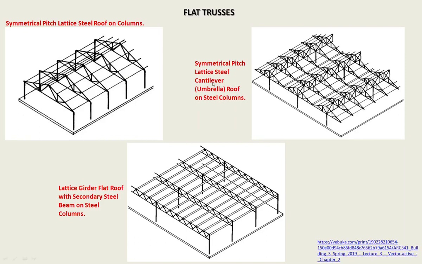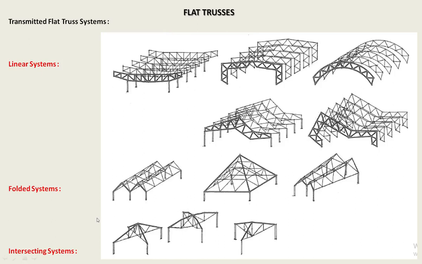Symmetrical pitched lattice steel cantilever roofs on steel columns. And the final, lattice girder flat roof with secondary steel beam on the steel columns. For the transmitted flat truss systems, we can divide them into 3 parts: the linear system, folded system, and intersecting systems.